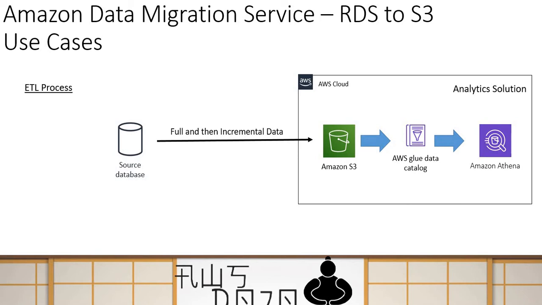Then you run your incremental migration to move incremental data to this S3 bucket. So if you are trying to move or dump your data into your S3 bucket for analytics purposes or any other purpose, then you can use Data Migration Service, and it can work as an ETL process in this case.